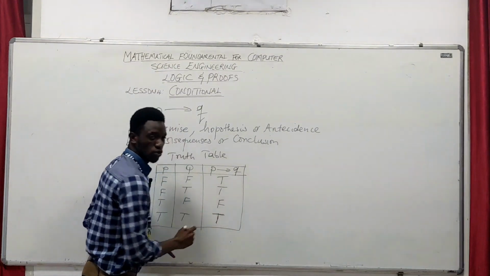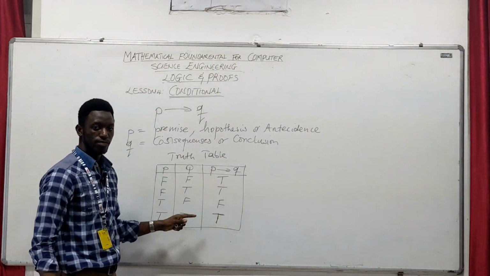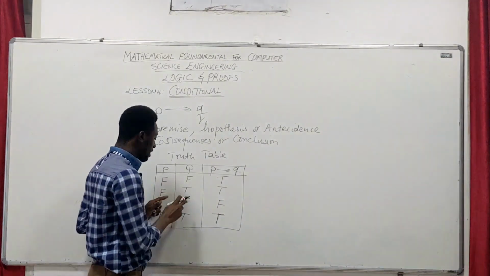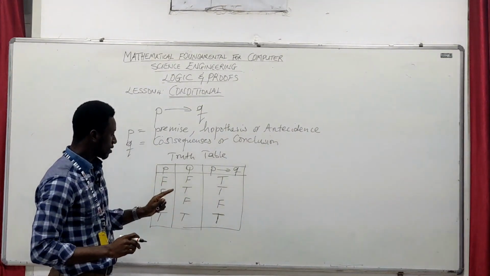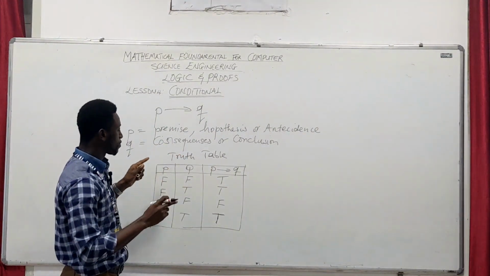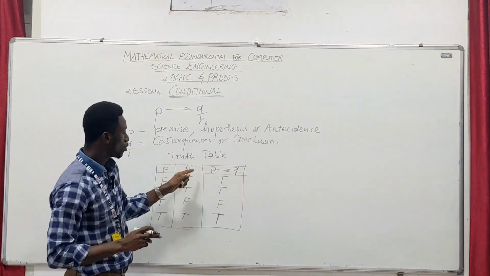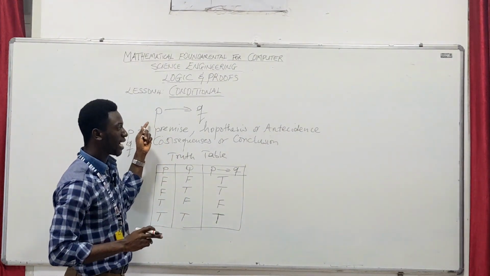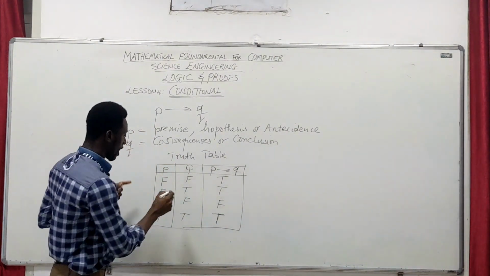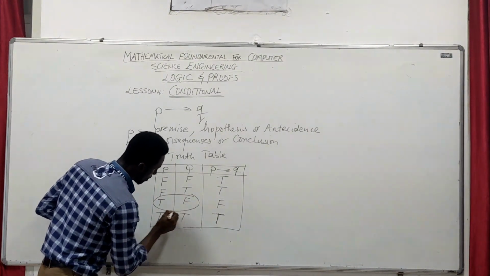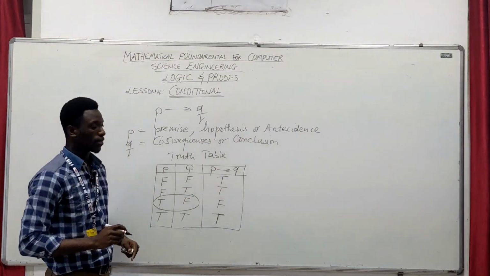Okay? So otherwise you can say a statement can only be false if the conclusion is false and the premise or the antecedent is true. So you can only focus on this one here to give your conclusion.